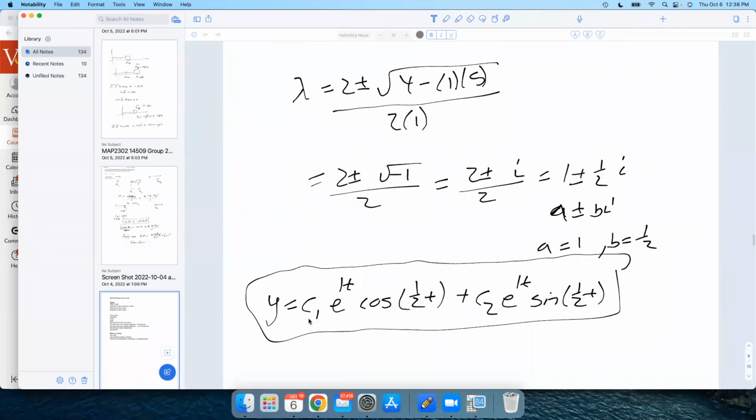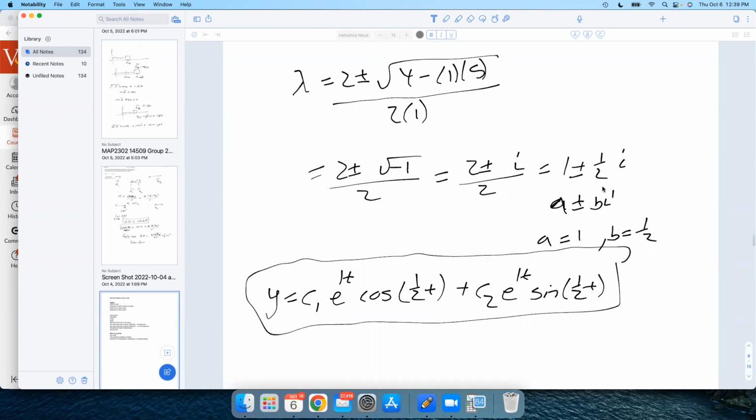Then your general solution is c1 e to the at cosine bt, c2 e to the at sine bt. So the a goes in the exponentials, the b goes in the sine and cosine. We don't use the plus or minus. We don't worry about that. We just use, here's a, here's b.